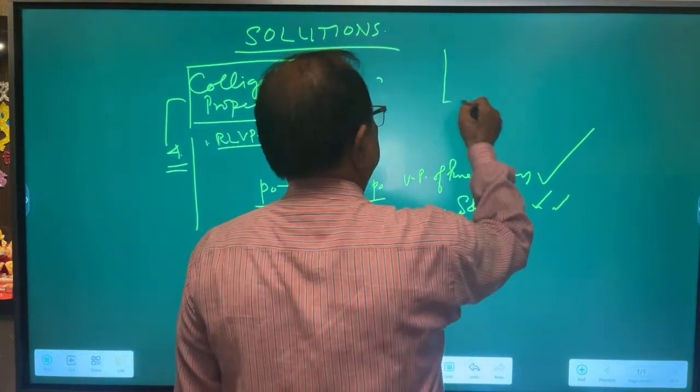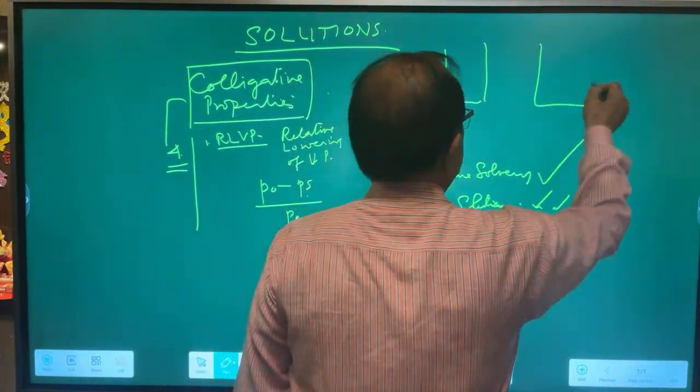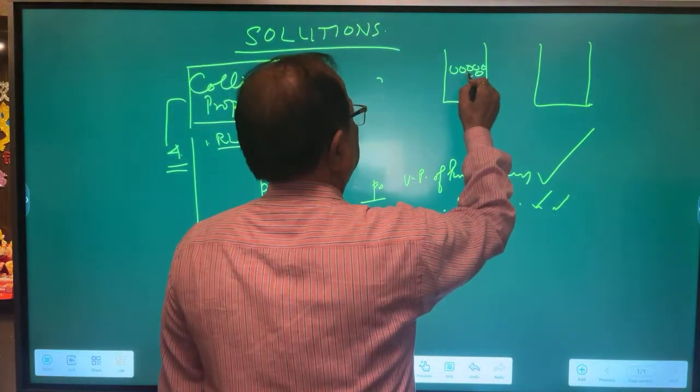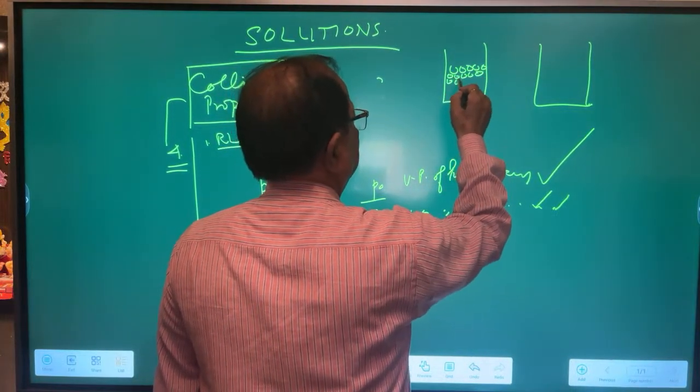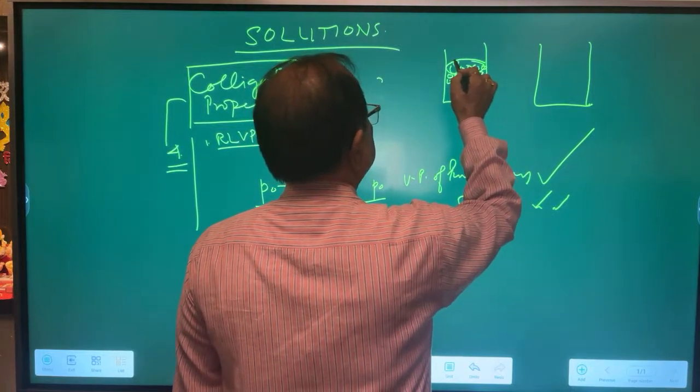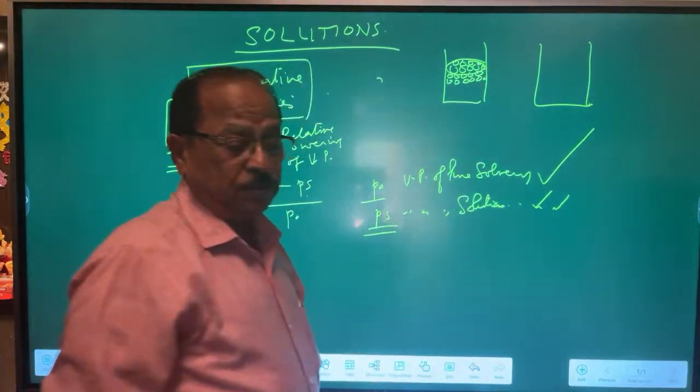See, I have taken two beakers of the same size. In one of the beakers, I have put a pure solvent. If I see its surface area, it consists of only solvent molecules.